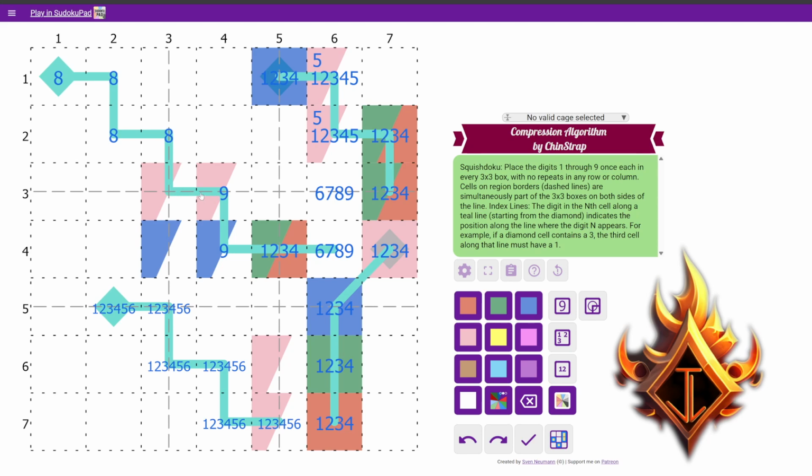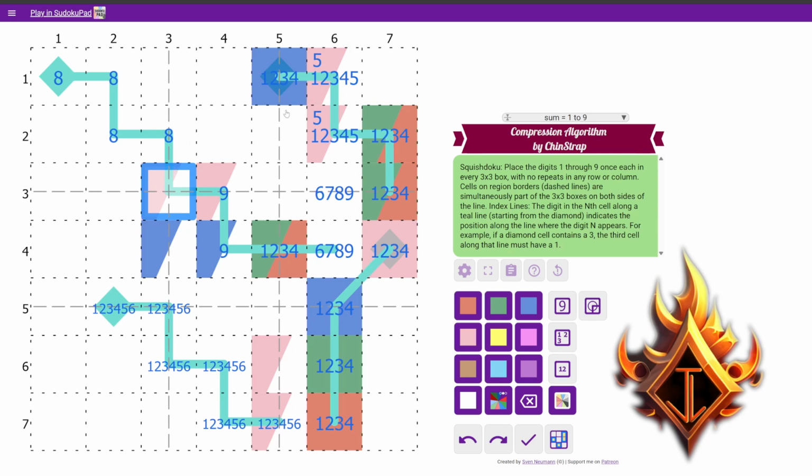Okay. Pink is 1, 2, 3, 4. If it goes here, then it's in this box.